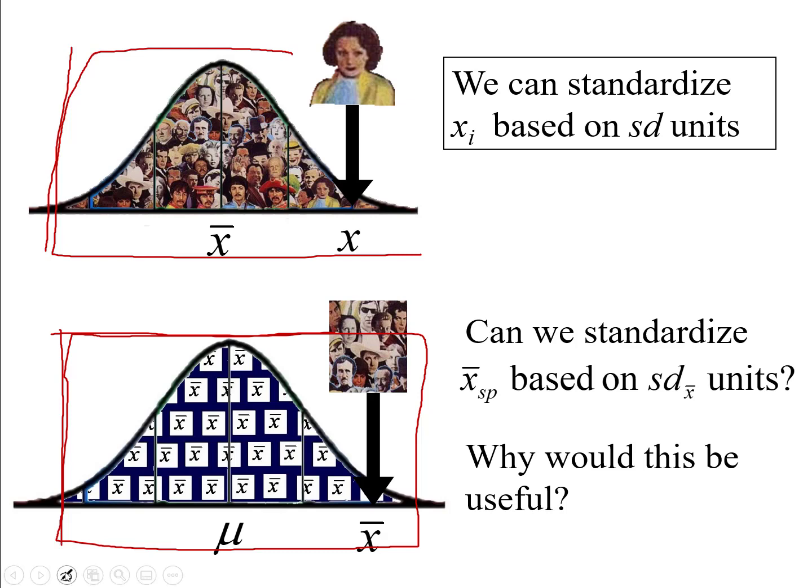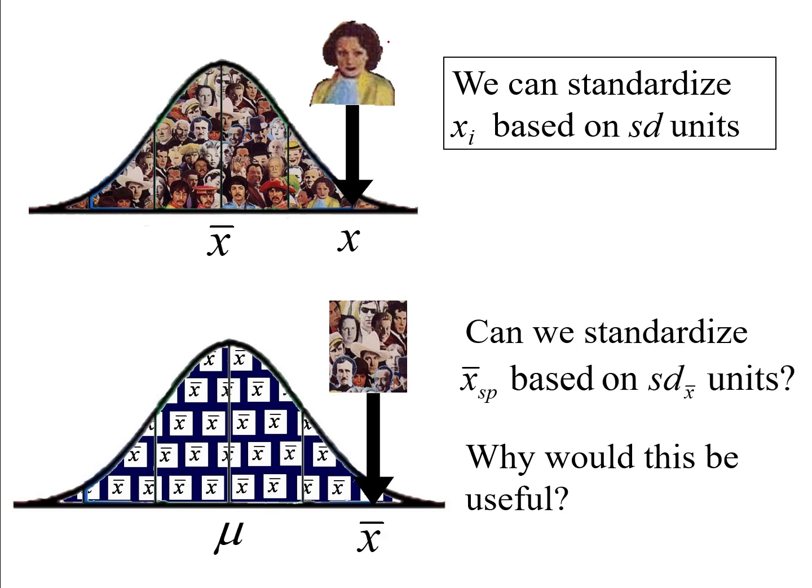So I could take someone from a study here. I've got this person in this top example, this face up here, and I say, what if we take one person from this sample and her score on X is right here, right where I have this arrow? I would say, well, then she is 2 standard deviations above the sample mean.